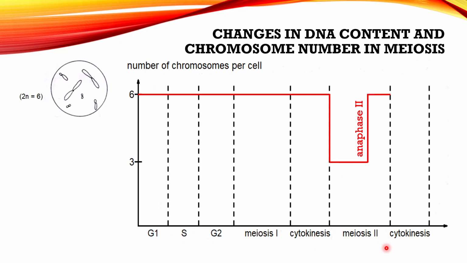Then it stays the same in telophase 2 until the end of cytokinesis, where the daughter cells, the gametes, are formed, and each would have only 3 chromosomes. Yep, and it stays at 3 until fertilization. All right, so this is the graph showing you the changes in the number of chromosomes per cell.